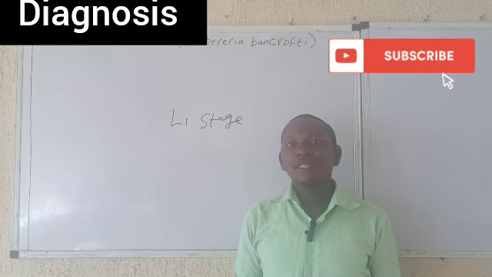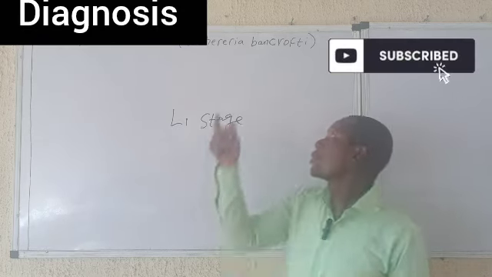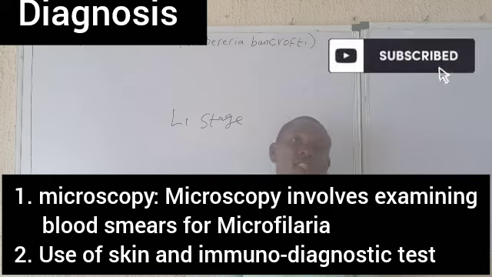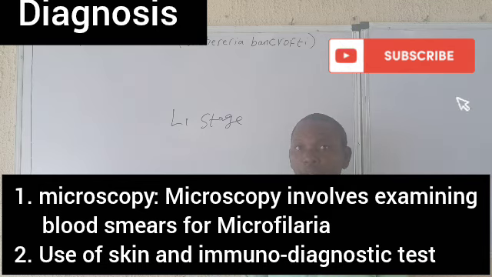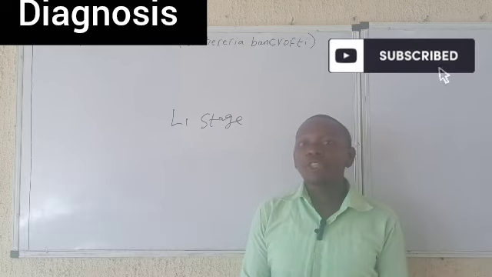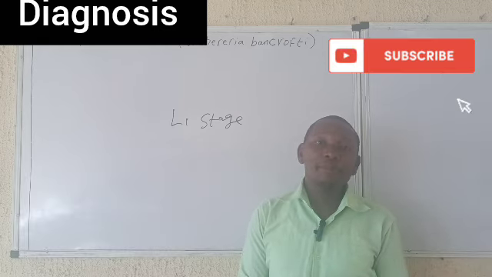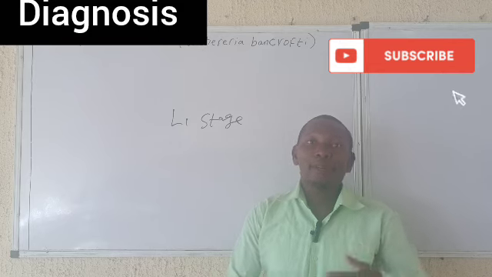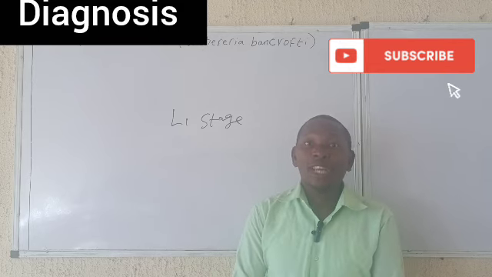Now let's talk about diagnosis of Wuchereria bancrofti infection. You can simply do that using what? A thick blood smear that is collected from the peripheral blood. You observe it for what? The microfilaria, for the presence of the microfilaria. All right. Take note that the blood is usually collected between 10 p.m. and 2 a.m., when the microfilariae migrate and are high in number.